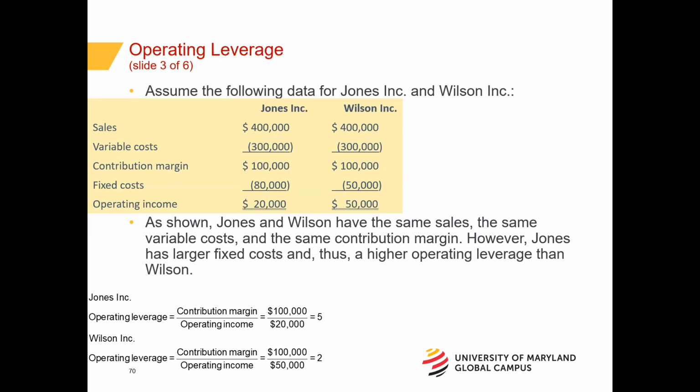For Jones Company, a contribution margin of 100,000 divided by operating income of 20,000 equals 5. So 5 is a pretty high leverage, and of course, the higher, the better. That's what this example shows you.